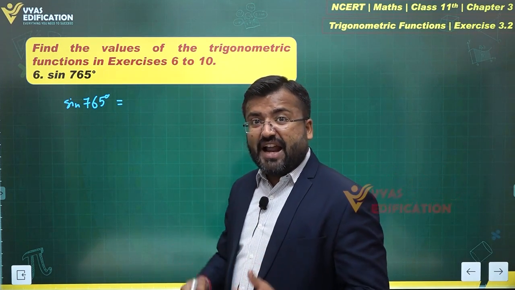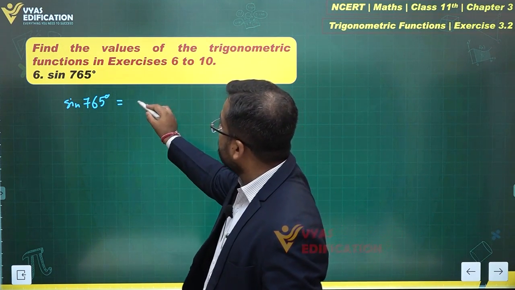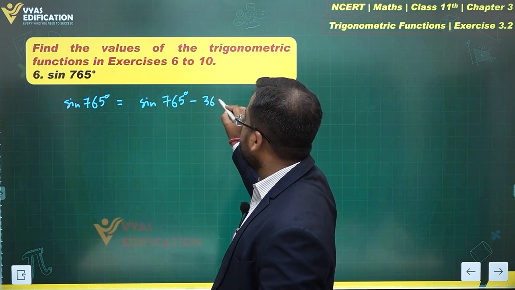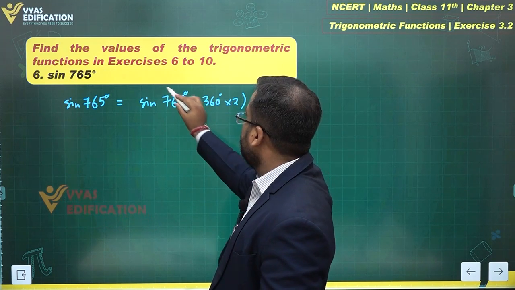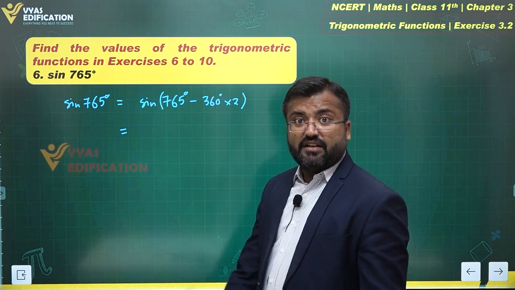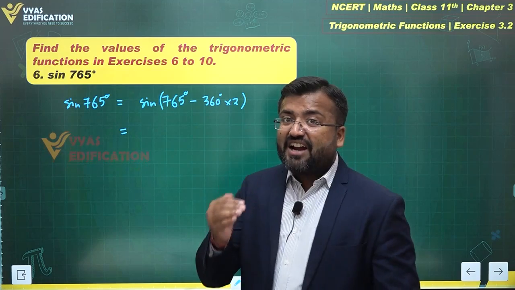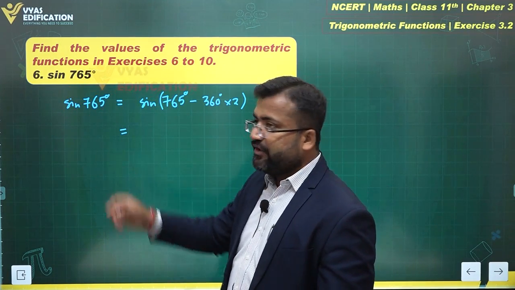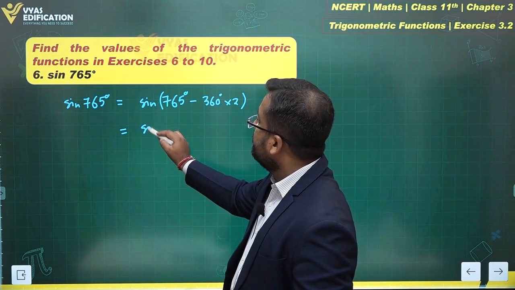So can we subtract 720 degree? Yes, this will be equal to sine of 765 degree minus 360 degree times 2. We can add or subtract multiples of 360 degree without changing the value, right?